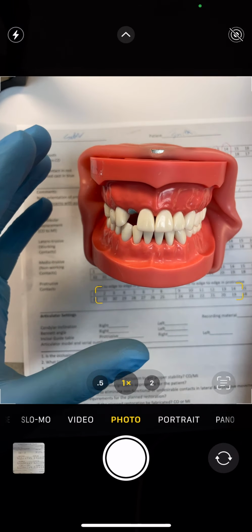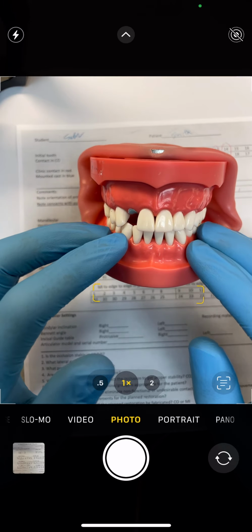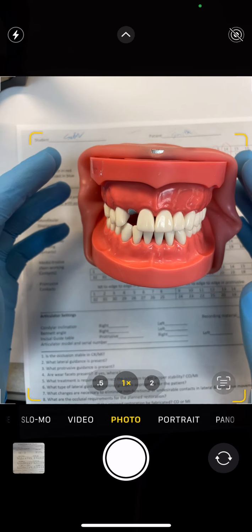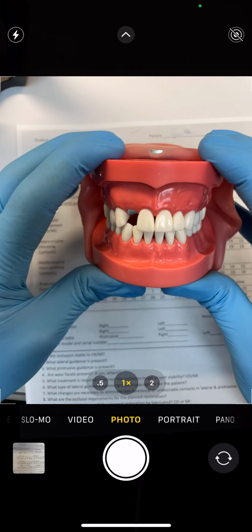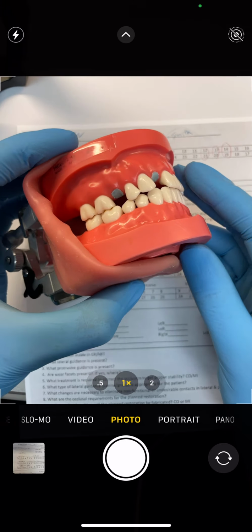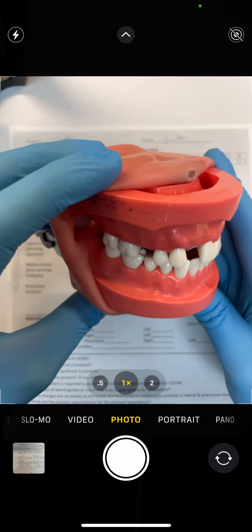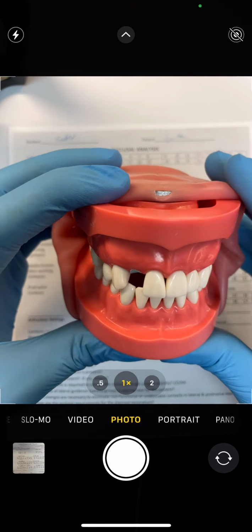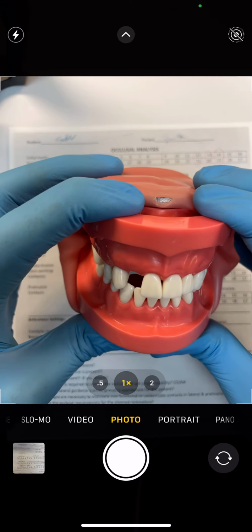Then I proceed normally with my alginate impressions, my face bow record, my protrusive record, and I decided based on the clinical situation this case could be treated using hand articulation or a maximum intercuspation record.